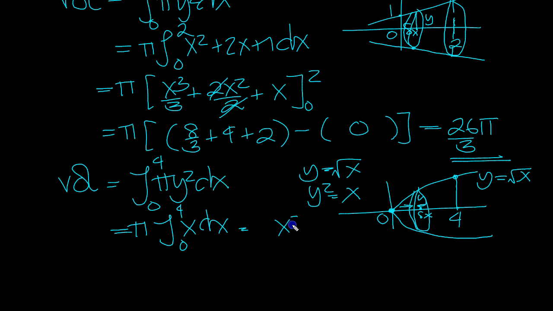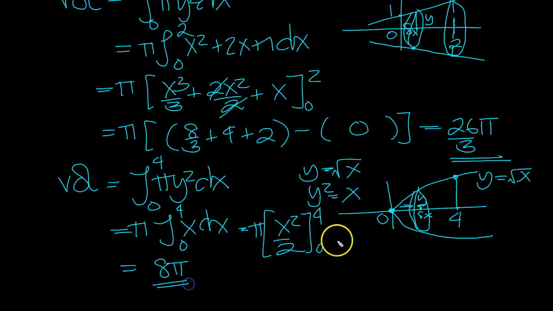So integrate: x squared over 2, pi lots of, between 0 and 4. So we're going to get 4 squared is 16, over 2 is 8, the top value. The bottom value is 0. So it works out at 8 lots of pi.